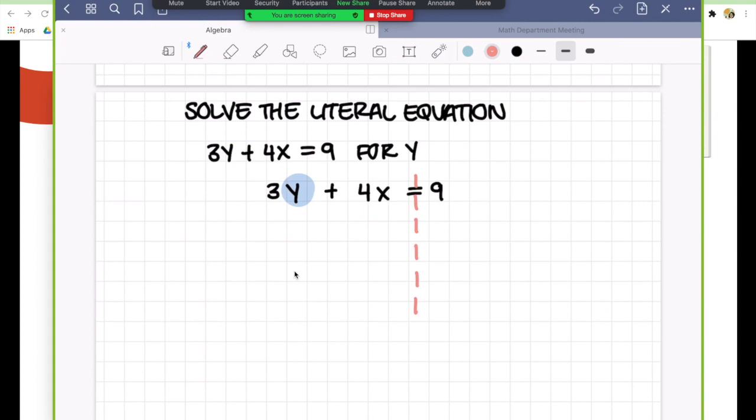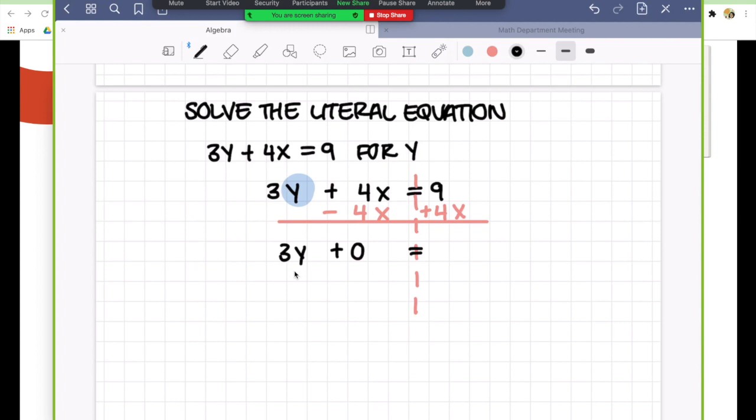So I'm going to start off by looking at the positive 4x. What I want to do is subtract 4x from both sides, since I'm doing the opposite operation. When I do that, I get 3y, and 4x minus 4x just gives me 0.